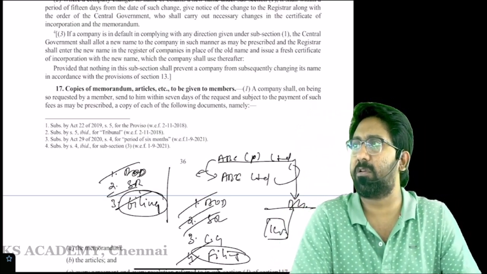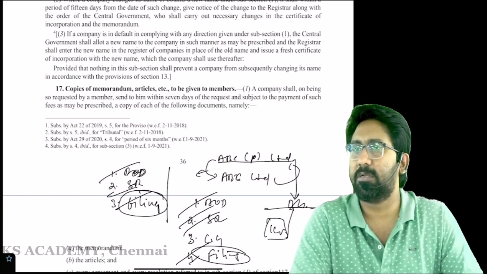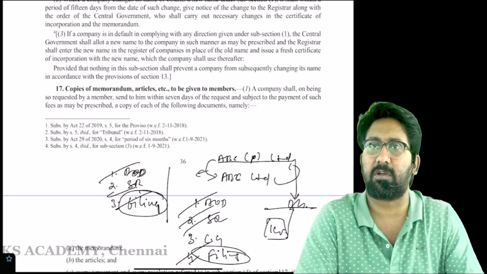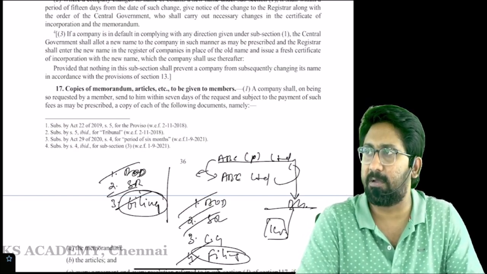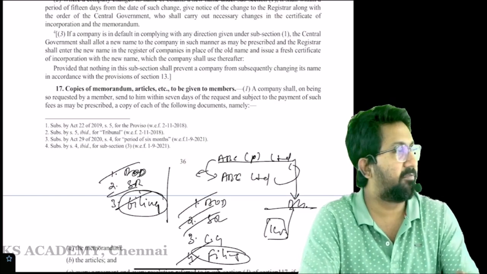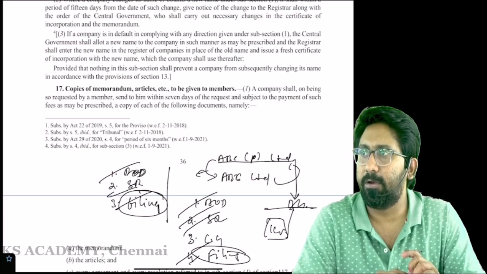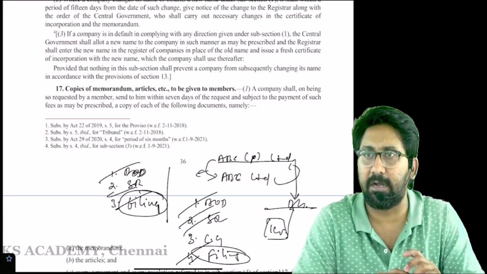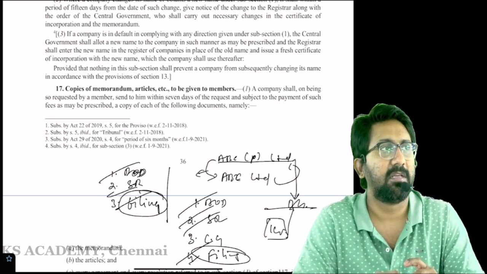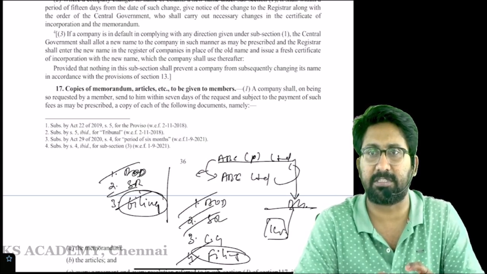But even before the doctrines, some introduction is required with regard to this concept. Once that is complete, we can go directly into the 3 doctrines applicable for your exams: doctrine of constructive notice, doctrine of indoor management, and doctrine of ultra vires. Meaning, ideology, concept, everything we will be discussing in today's session.